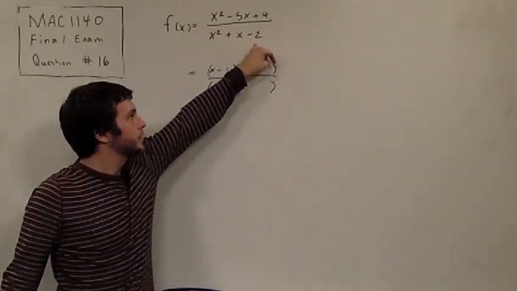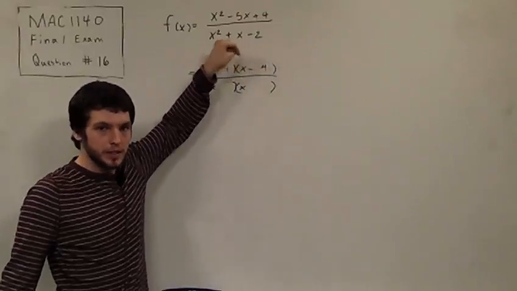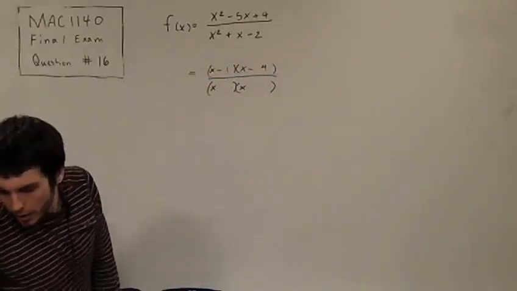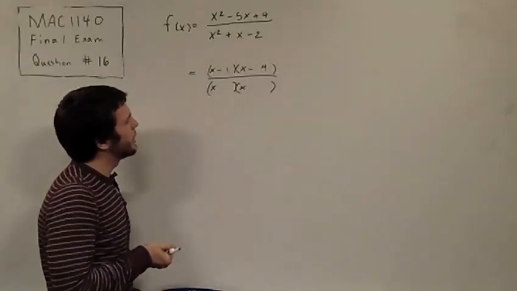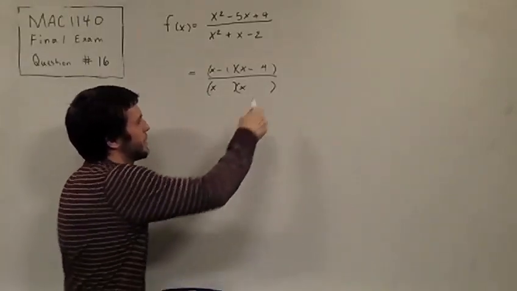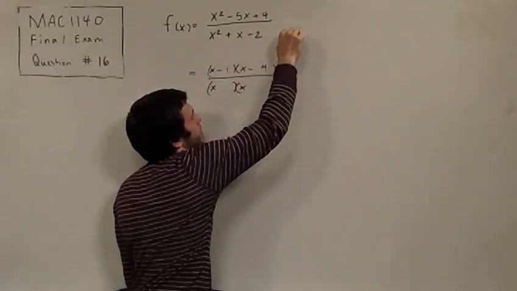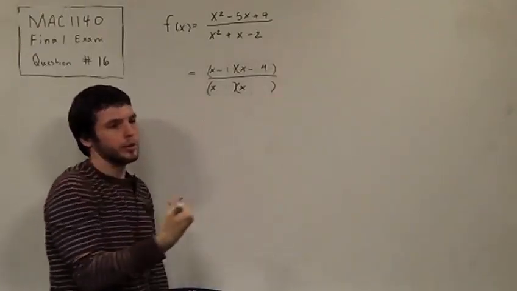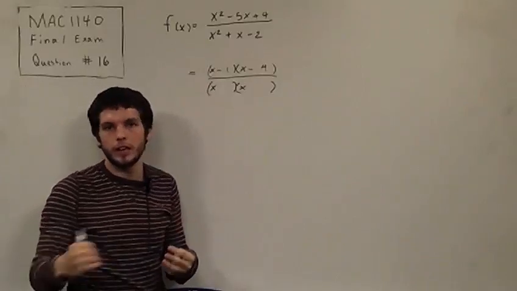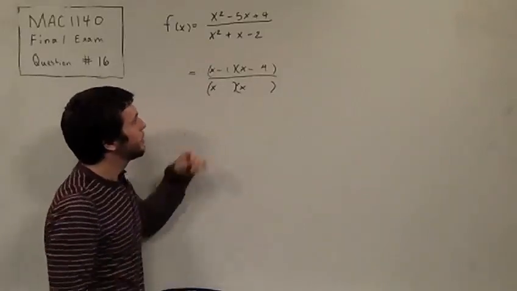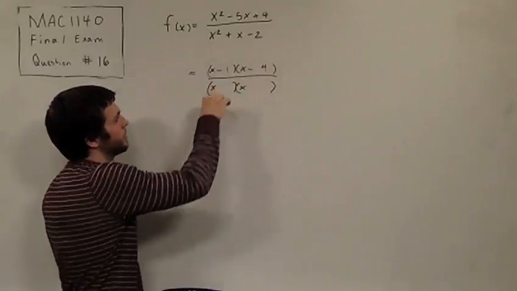Now the bottom: x squared plus x minus 2. What are factors of negative 2 that add up to give us positive 1? The factors of negative 2 are 1 and 2, and with negatives thrown in appropriately, I think it's negative 1 plus 2.